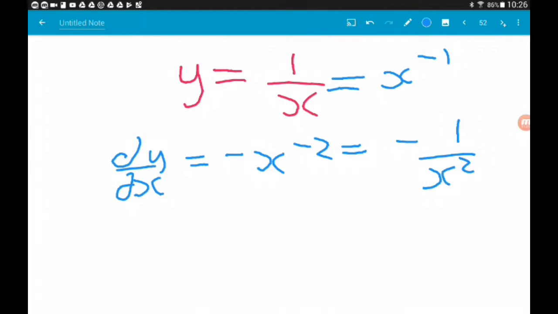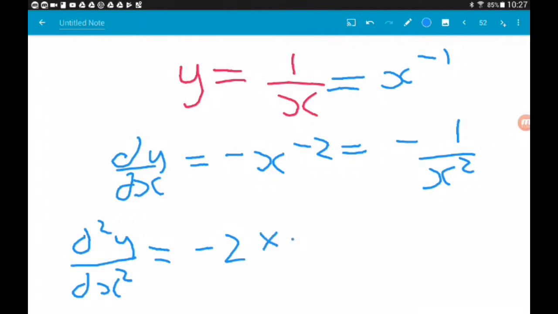But if we want to carry on and get the second order, then we would leave it in power form. So our second derivative. Okay, so be very careful here. So the minus 2 comes down and multiplies what we've already got. So we're going to have minus 2 times minus x to the minus 3.